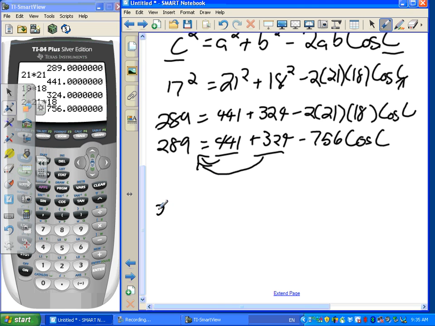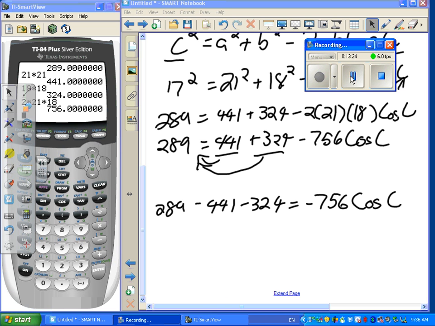So this becomes 289, subtract 441, subtract 324, equals, I still have a negative sign, negative 756, thank you, Drake, times cos C. So make sure you guys know that step. We do not combine 441 plus 324 minus 756. Those are separate because this has to be multiplied by cos C.